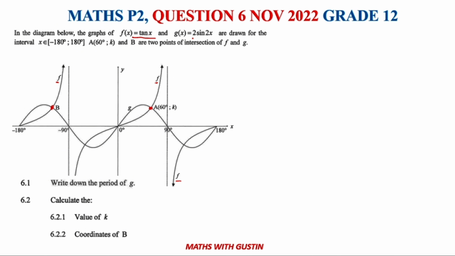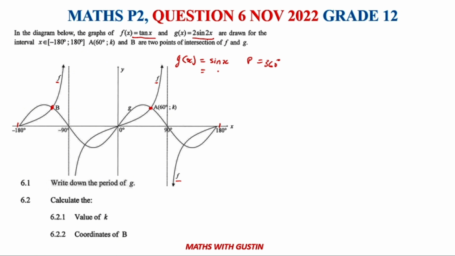G is this one right here. Remember, the period is determined by the coefficient of x. If you are given g of x, for example, sin x, the period of this one will be 360.